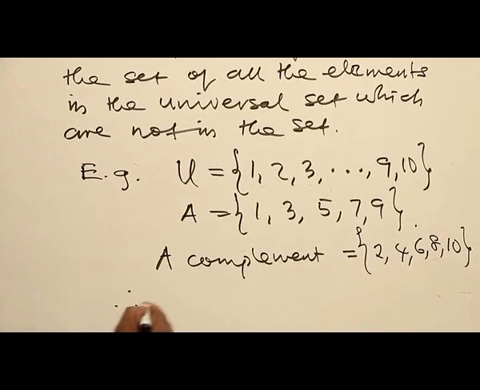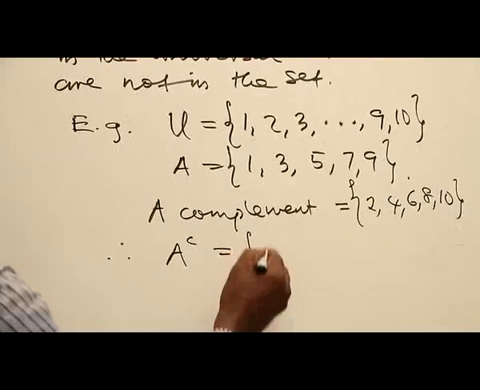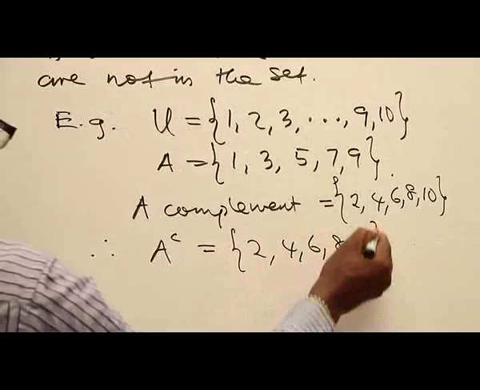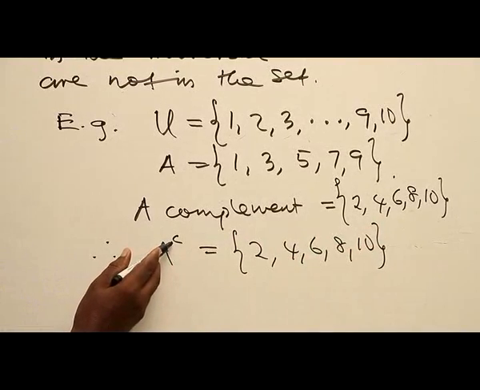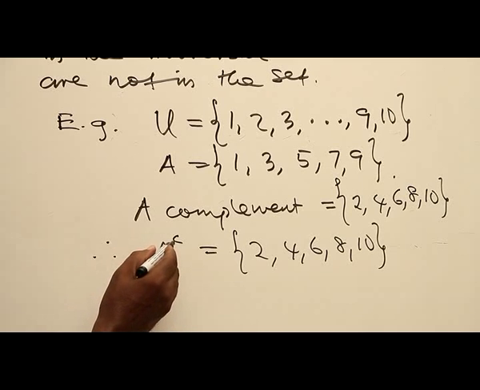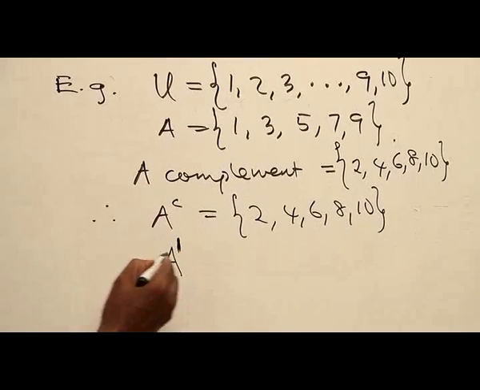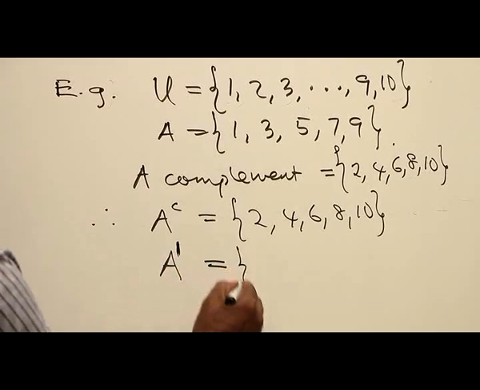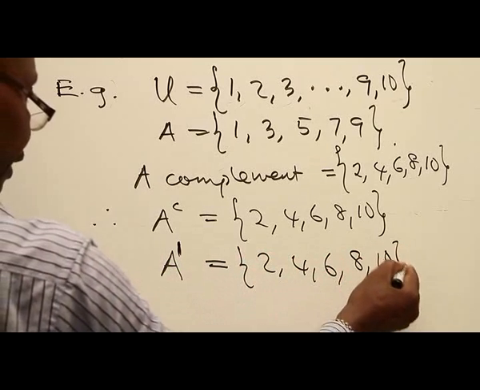So therefore we write A complement is equal to {2, 4, 6, 8, 10}. Notice the superscript C that I've written here, the power C. Or we can write A prime, also at the power level, to be equal to {2, 4, 6, 8, 10}.